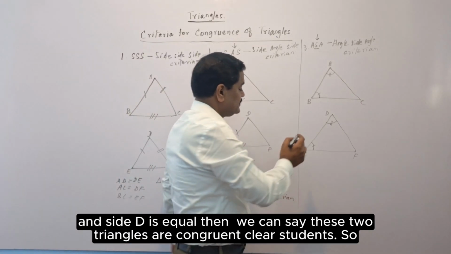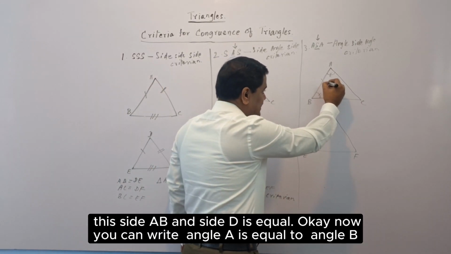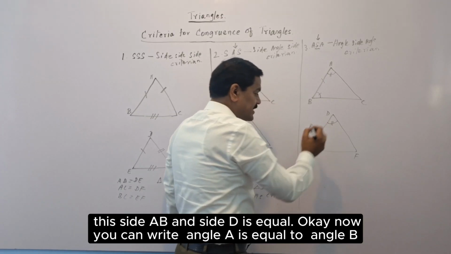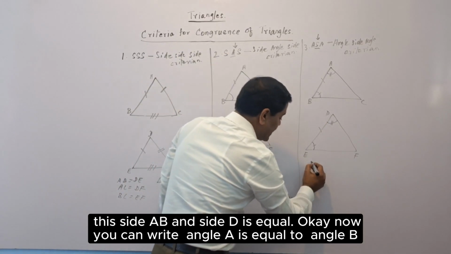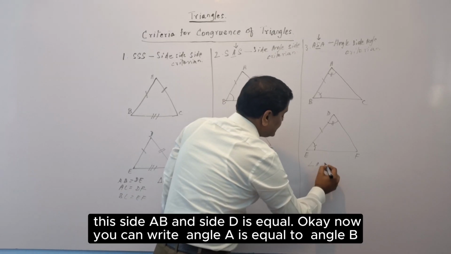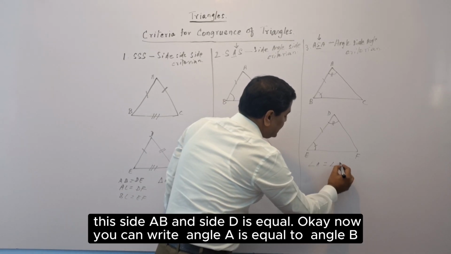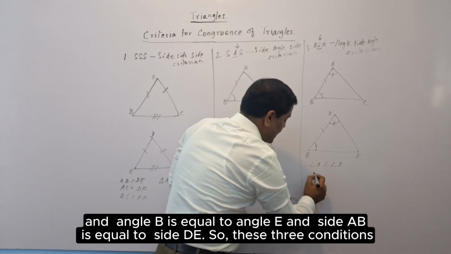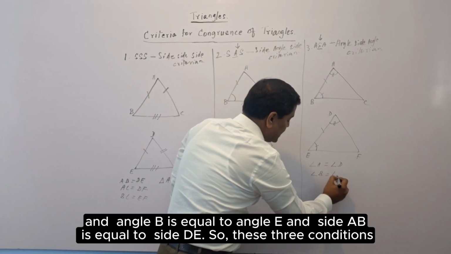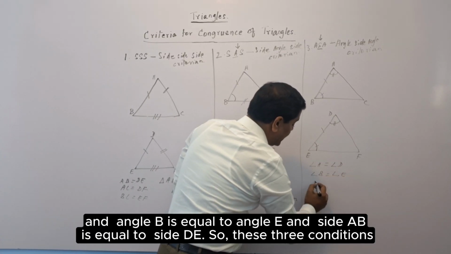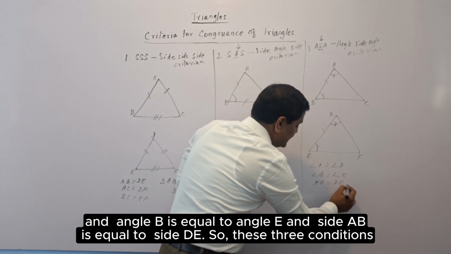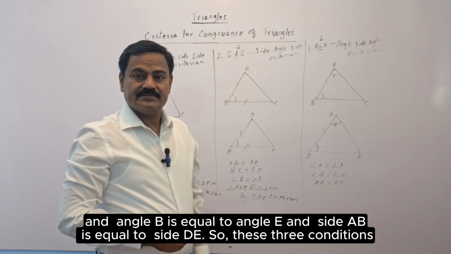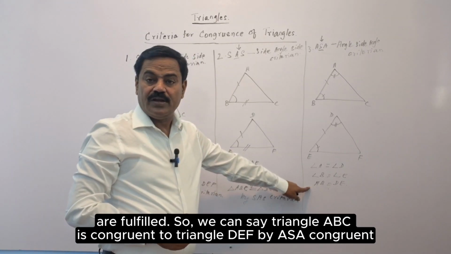Clear, students? So this side AB and side DE is equal. Now you can write angle A is equal to angle D and angle B is equal to angle E and side AB is equal to side DE, right? So these three conditions are fulfilled.